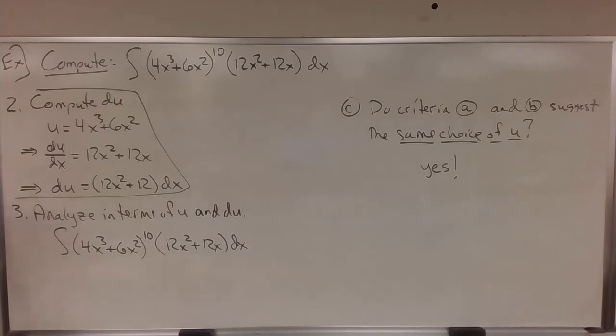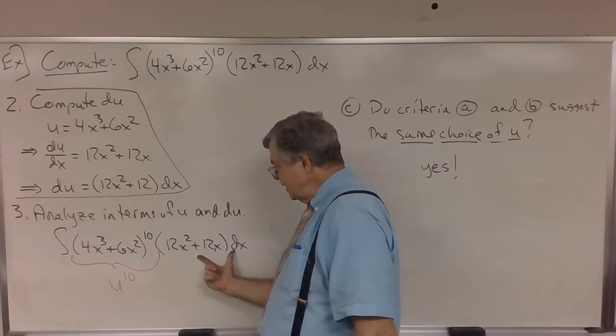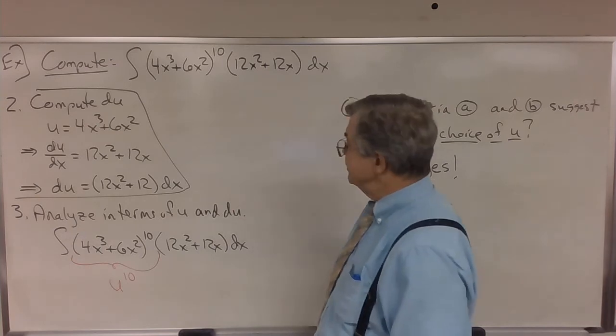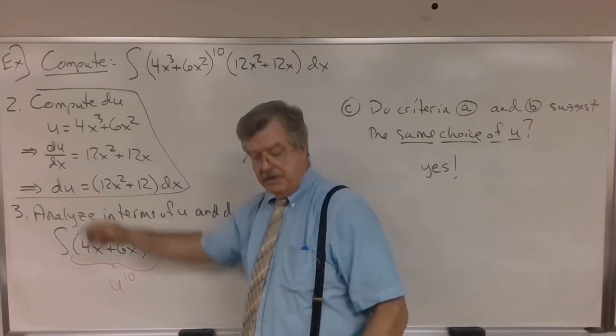And remember what u is. u is 4x cubed plus 6x squared. And down here we have u raised to the 10th power. This is u raised to the 10th power, u to the 10th. Now I just have to figure out what to do with this mess. Do I see this anywhere on the board? And the answer is yes, I do. I see it right here. This is du.